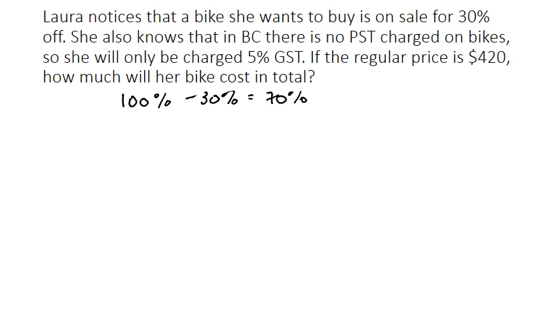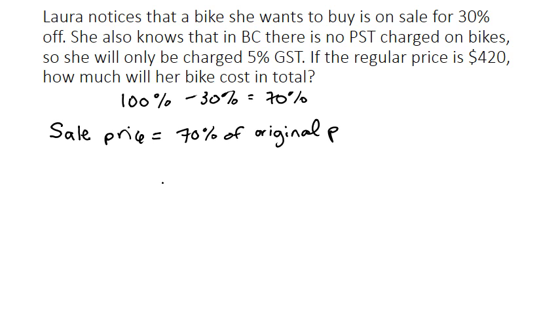So that means that our price will actually be 70% of the regular price. So the sale price is equal to 70% of our original price. So it will be 0.7 times the 420. And when I calculate that, I get 294. So that's my sale price.